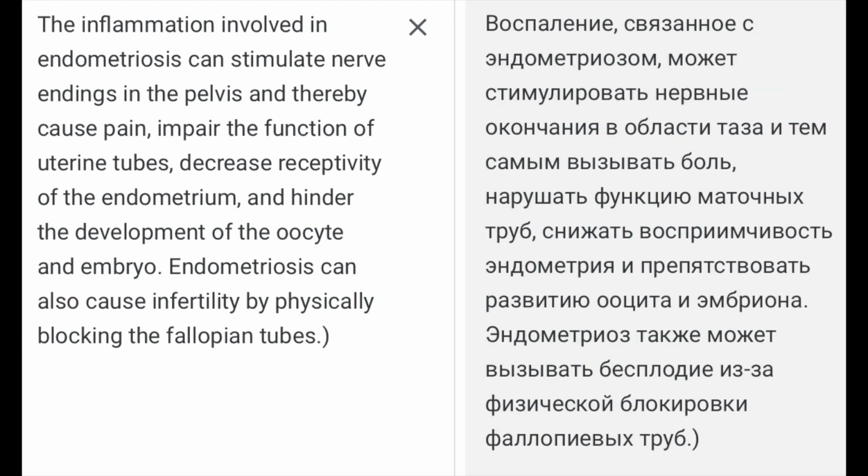The inflammation involved in endometriosis can stimulate nerve endings in the pelvis and thereby cause pain, impair the function of uterine tubes, decrease receptivity of the endometrium, and hinder the development of the oocyte and embryo. Endometriosis can also cause infertility by physically blocking the fallopian tubes.